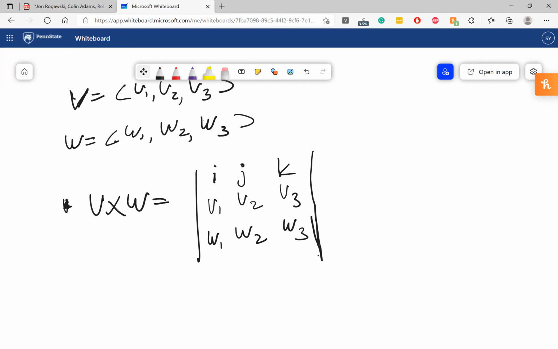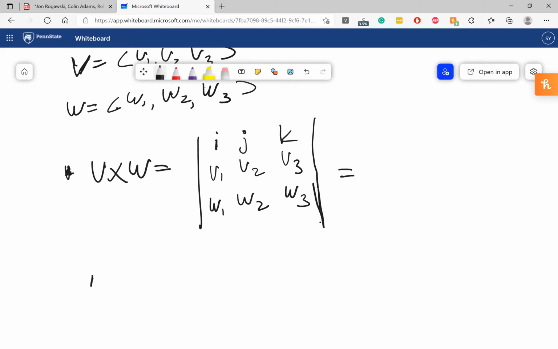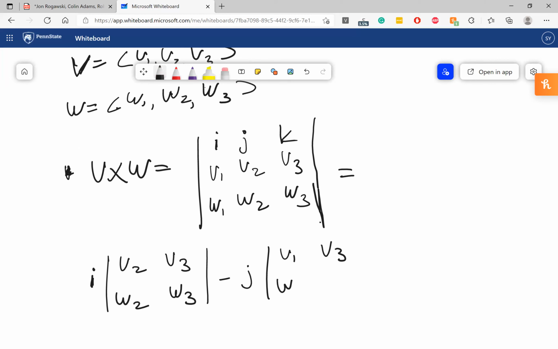And so then when you try to find this, this will be I times the determinant of the matrix v2, v3, w2, w3, minus j times the matrix v1, v3, w1, and w3, plus k times the matrix v1, v2, w1, and w2.